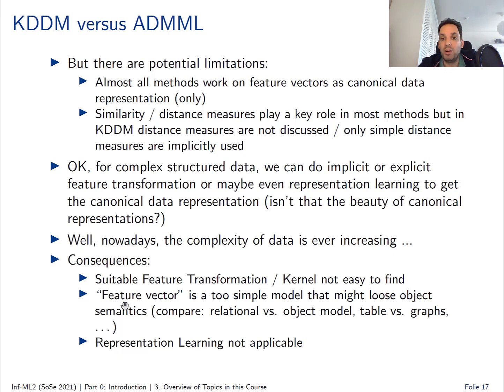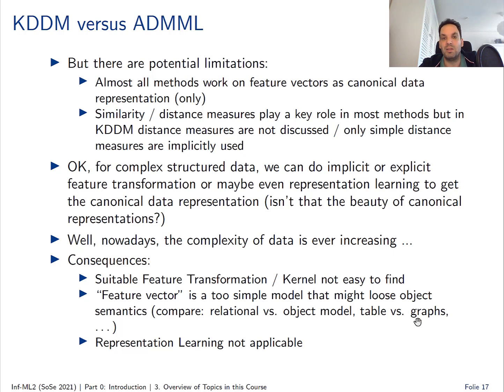Very often this canonical representation of feature vectors, which are basically tables, is just too simple to model all aspects of the object semantics. That is a very old, open discussion where we can compare the relational table model versus the object model, which is a graph-structured model.